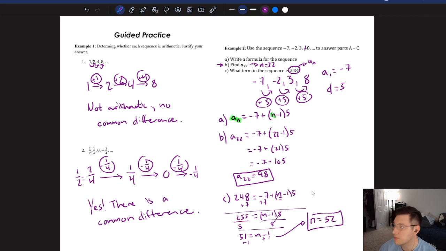And so for part C, this 248 is really a sub 52, meaning it's the 52nd number in our list or our sequence. I'm going to leave this here for a second. Pause the video if you need, but then we're going to jump into problem set B.